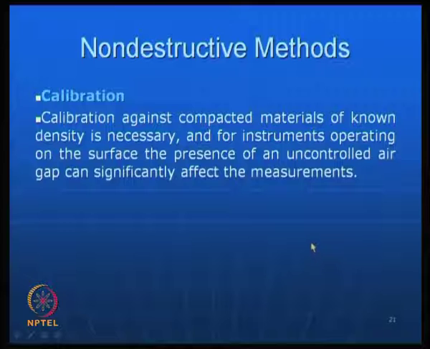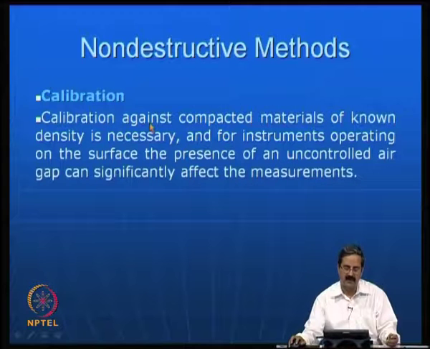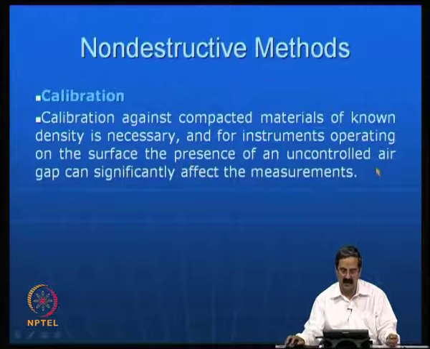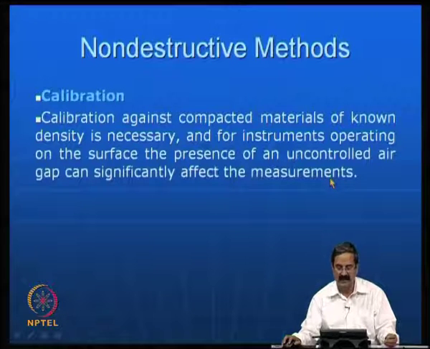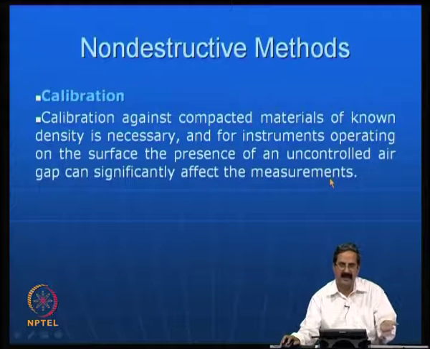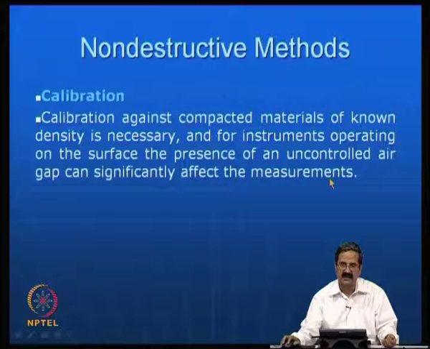As I just mentioned, calibration is important here, and calibration is against compacted materials of known density. For instruments operating on the surface, the presence of an uncontrolled air gap can significantly affect the measurements. So one should be very careful with the presence of air gaps, because through the air there could be misleading results. One should be very careful there.